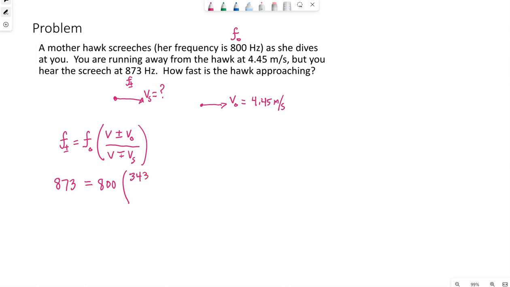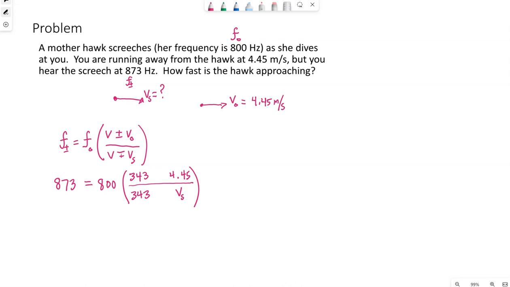Because we have not been given a temperature, we're going to go ahead and assume the 343 meters per second. The observer, that's us running from the hawk, we know that is 4.45 meters per second. V sub s is what we're looking at, the source. We want to know how fast this hawk is traveling.